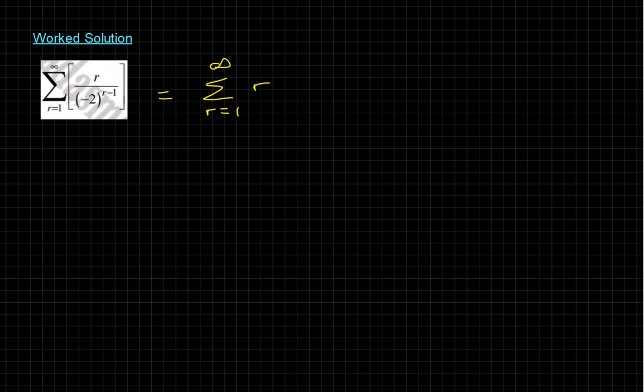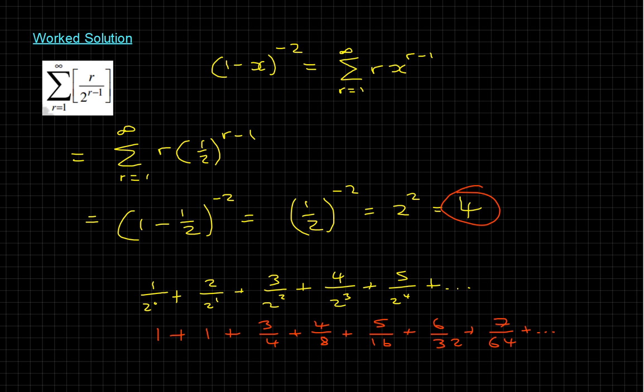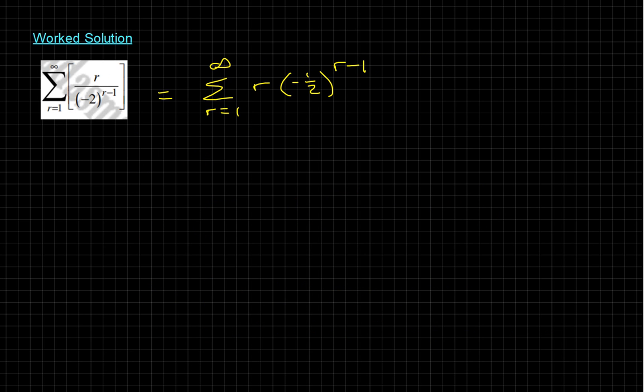This is r times minus a half to the r minus 1. And let's go back to our formula that we came up with in part A. Okay, this one here. So this tells us, in this case, x is correspondingly minus a half.